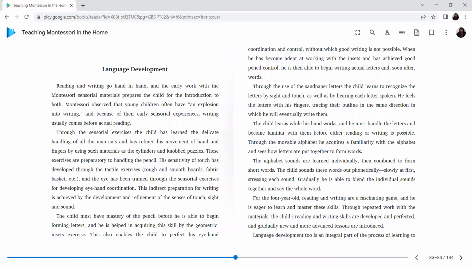A paper which is used when we paint our houses, for rubbing the walls, we get that sandpaper. That sandpaper, one side is rough and another side is smooth. In Montessori, you make use of sandpaper, and on the rough area, you make the child feel the alphabet letters.